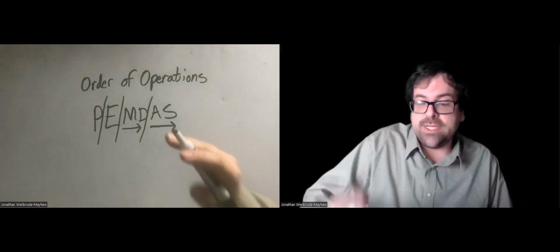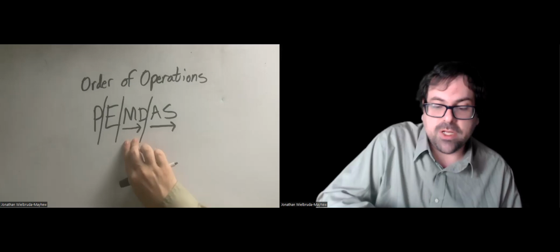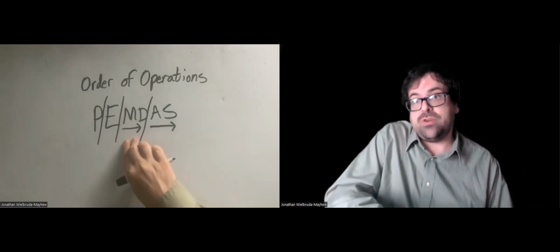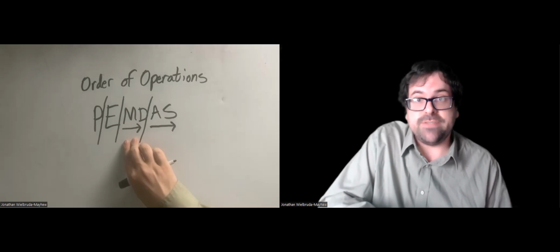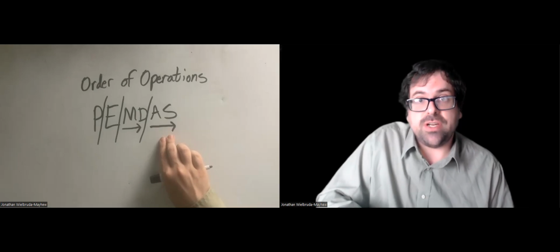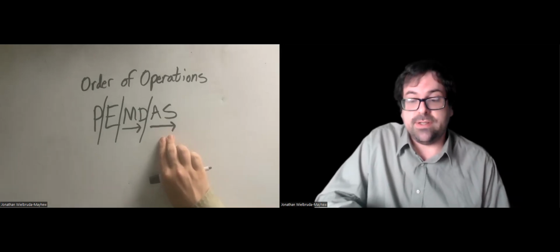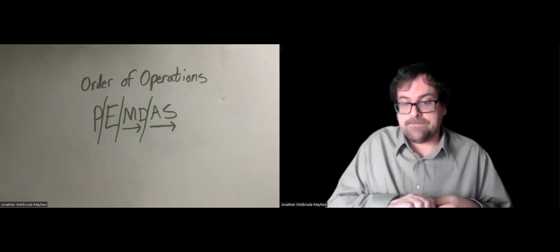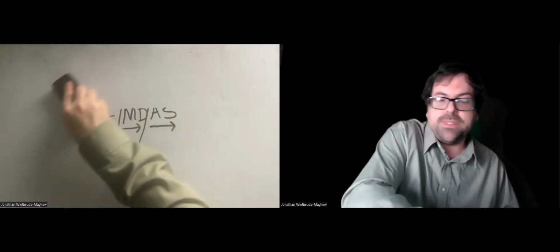This does not mean do addition first, then subtraction. Once again, the multiplication and division is left to right as you come to it. Division might come before multiplication if it's first. Addition and subtraction, left to right as you come to it. Subtraction might come first. Let's do a bunch of problems now involving the order of operations.